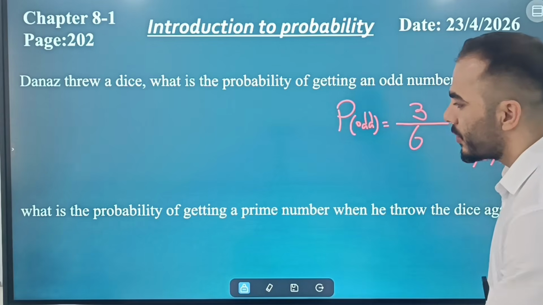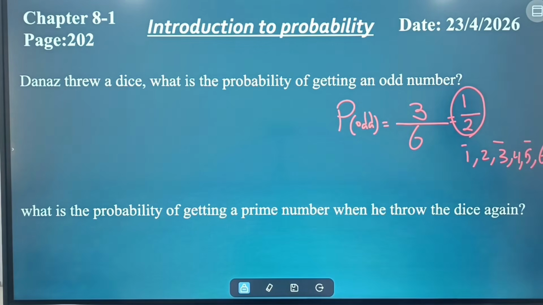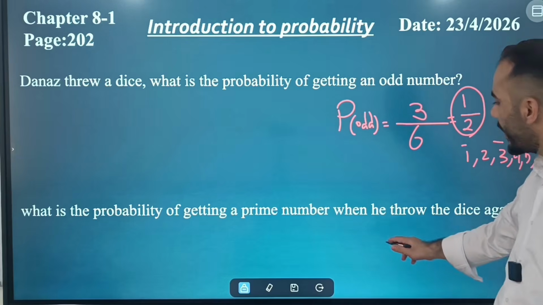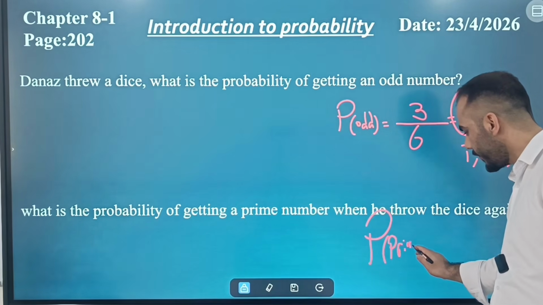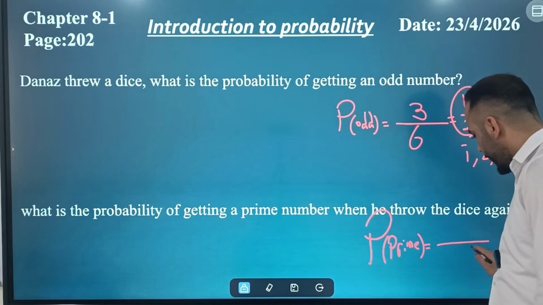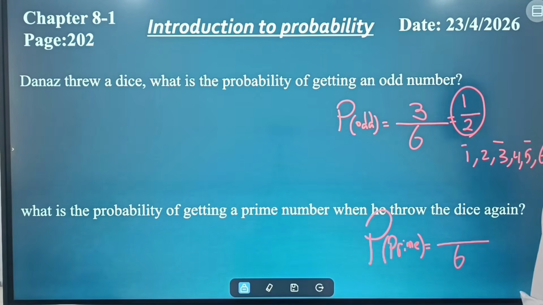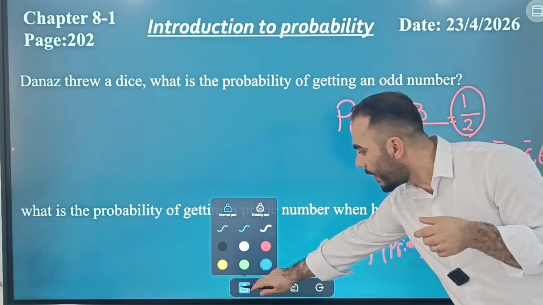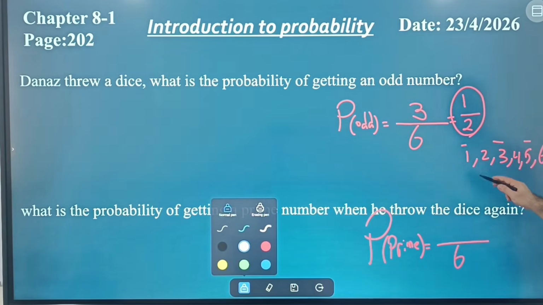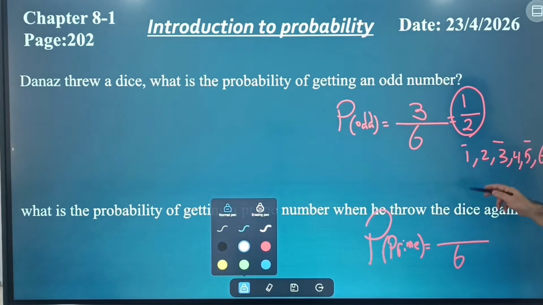The second one is, what is the probability of getting a prime number when he throws the dice again? So again, probability of prime: how many outcomes do we have? We have 6 outcomes. Out of these 6 outcomes, how many of them are prime numbers?